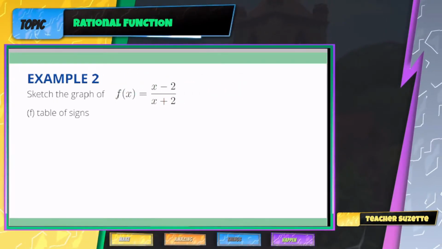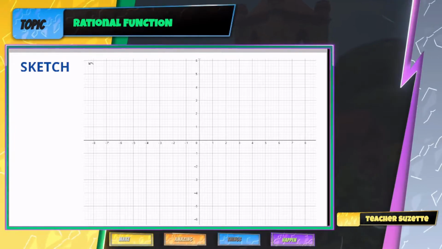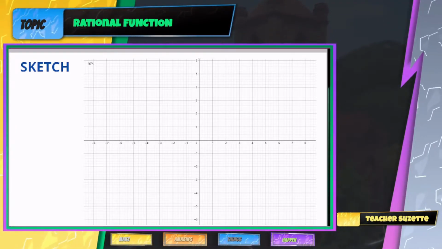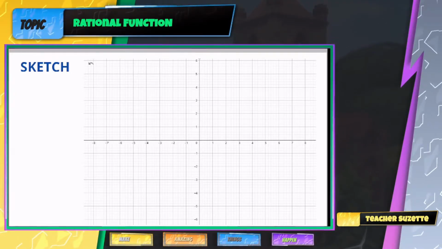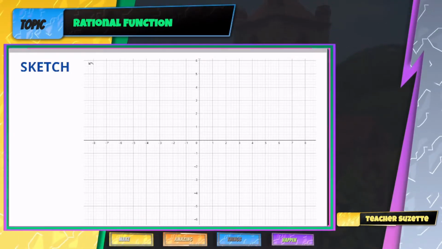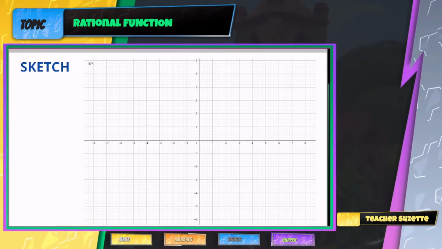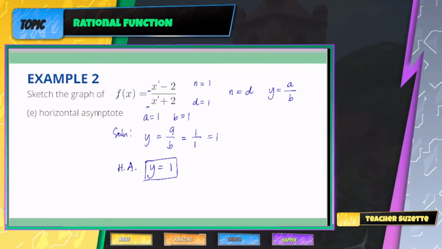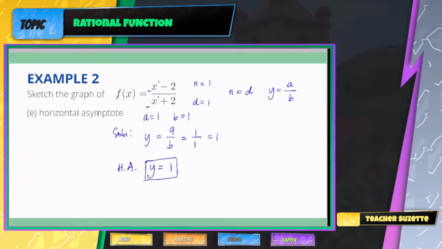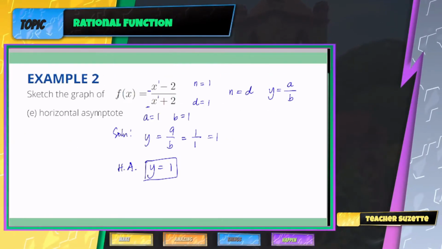Before we construct our table of signs, let's sketch the information we got earlier. Based on that information, we have a vertical and a horizontal asymptote. The horizontal is y equal to 1 and the vertical is x equal to negative 2.